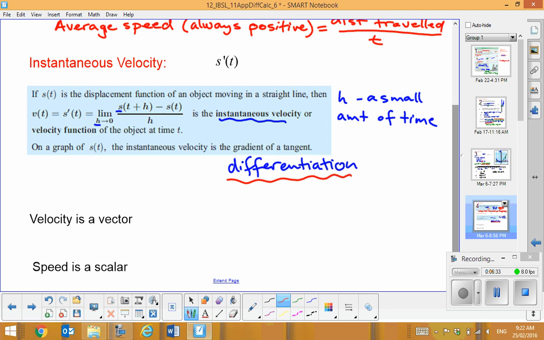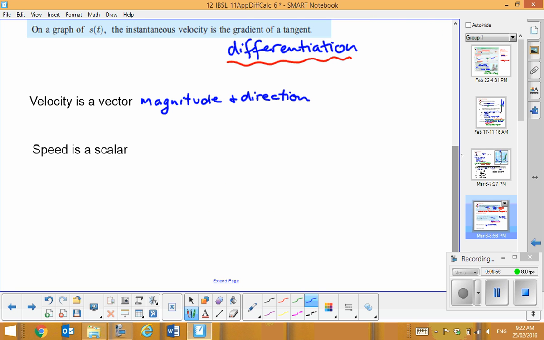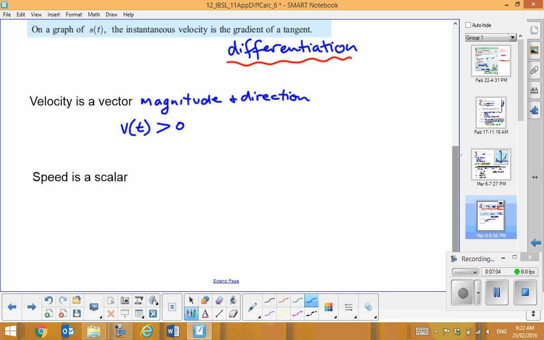All right, velocity is a vector. It's got magnitude and direction. If velocity, which is a function of time, is greater than 0, what does it mean?